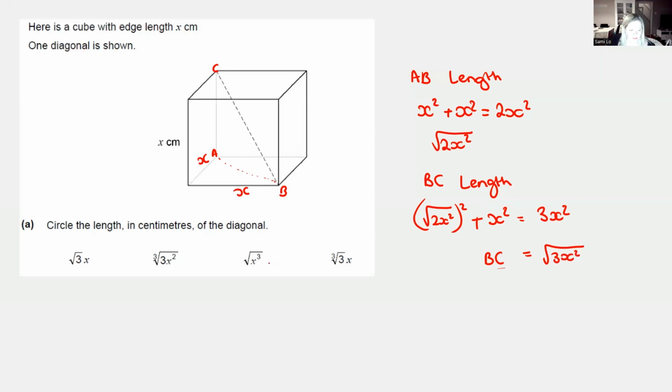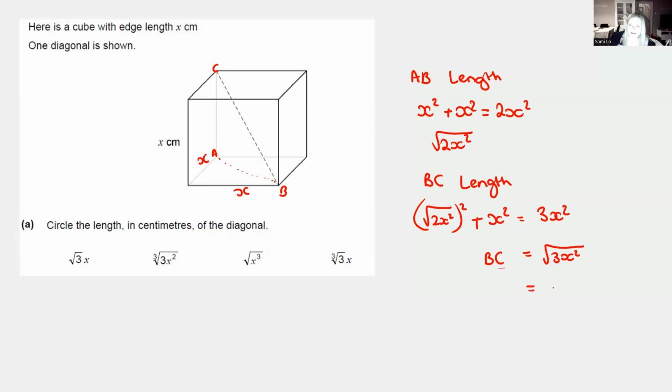Ooh, that's a little bit mean. Because it's also brought in indices rules on this question, which I just had to double check.